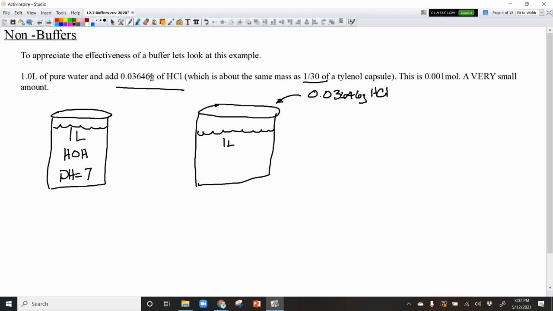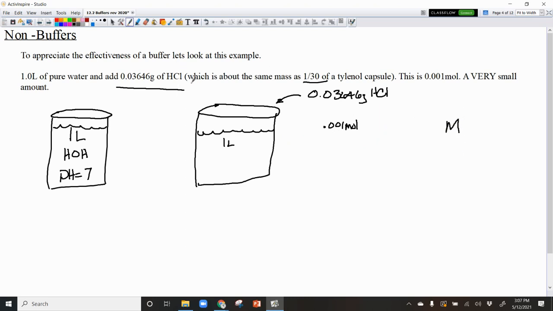So when we calculate grams into moles, this is going to be the equivalent of about 1,000th of a mole. So that's a very, very small amount. Okay. And we're going to put it into this container that contains 1 liter of water. Well, we need to get the molarity of the hydrogen ion concentration.